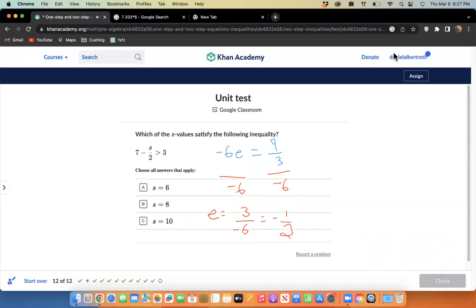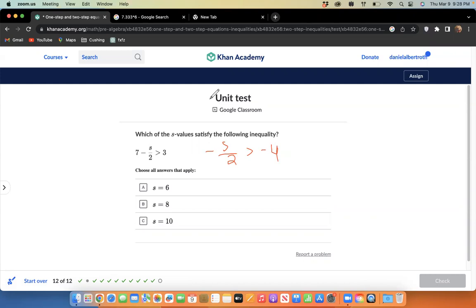All right. Which of the S values satisfy the following inequality? 7 minus S/2 is greater than 3. So let's solve it. So we're going to get -S/2 is greater than, I subtracted 7 from both sides, and 3 minus 7 is -4.